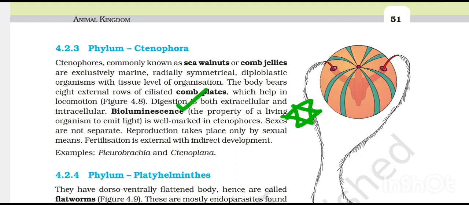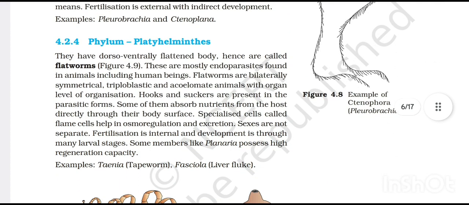Sexes are not separate, that means these are hermaphrodite. Reproduction takes place only by sexual means. Fertilization is external with indirect development. Examples: Pleurobrachia and Ctenoplana.